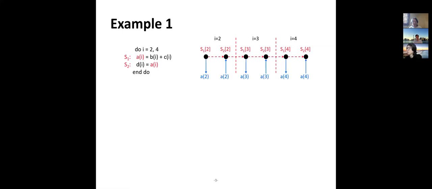As you can see, S1 for i=2 generates a 2 as its result, and then the second statement consumes it as its input, and so it is true for all other iterations. That is a true dependence that was just defined between these two statements.